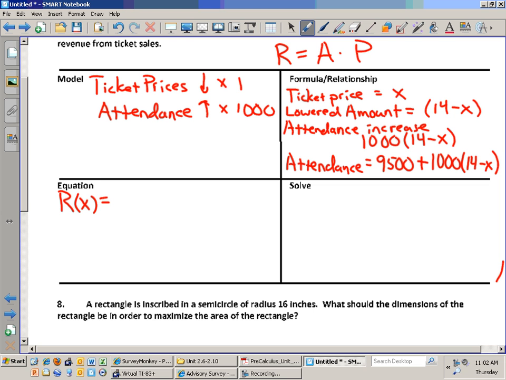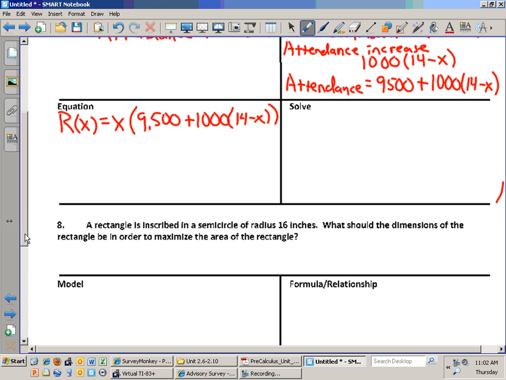What's my price? X times, what's the attendance? 9,500 plus 1,000 times 14 minus X. So, yep, we've got a double set of parentheses there. We just got to modify that equation, and we'll be able to figure it out quite simply.